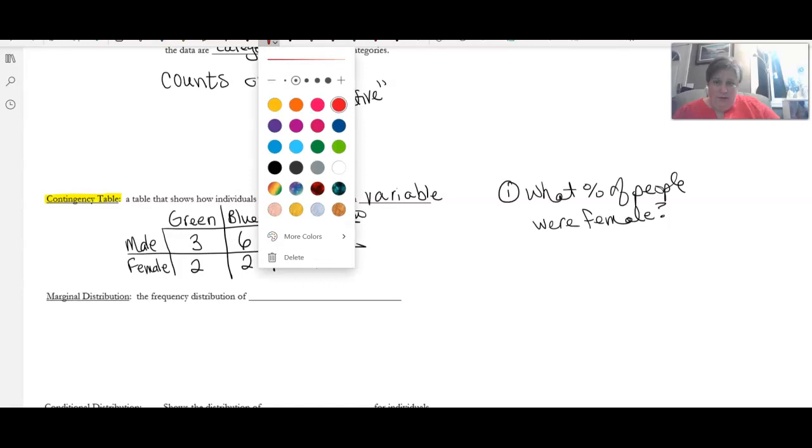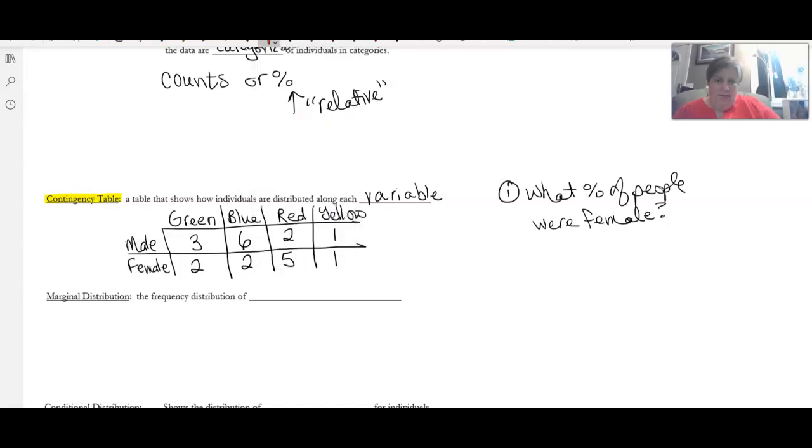Let's make it big, thicker font. You must show fractions. If you just give me a decimal answer, I'm marking it wrong. If you just give a decimal answer on the AP test, they will not give you full credit. You must show fractions. Okay?